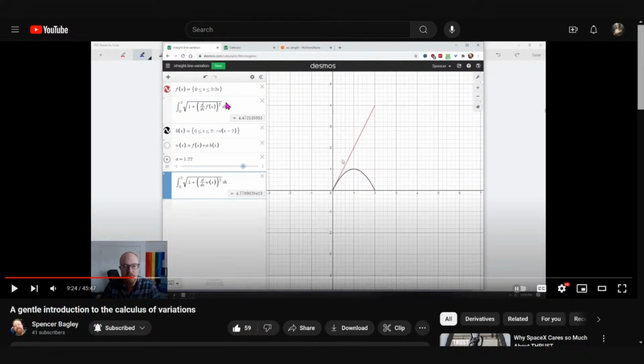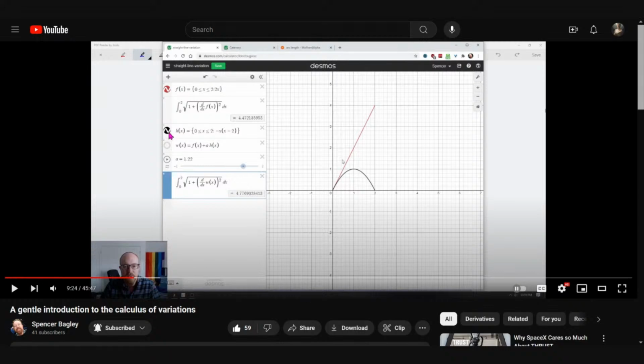And then this line is the integral, the ds. But I don't think he's showing the answer; this is just a calculation. Oh, this is just integrating a definite integral.